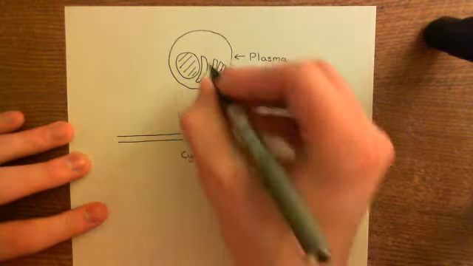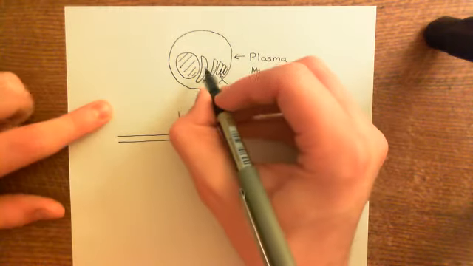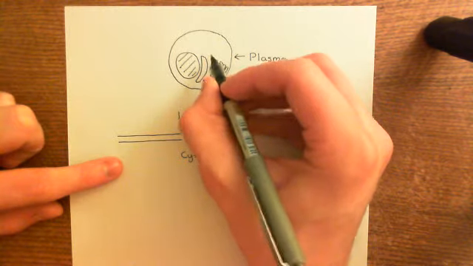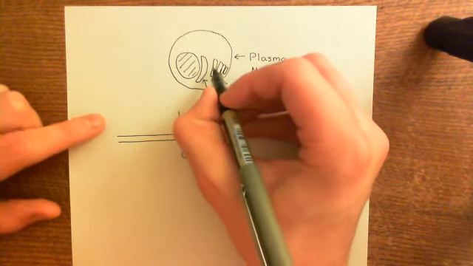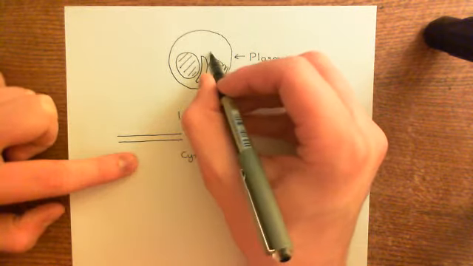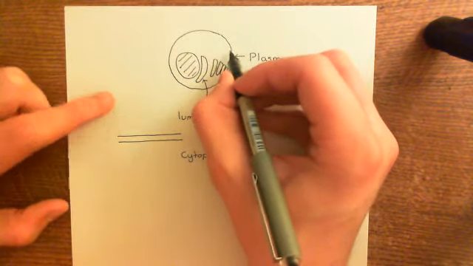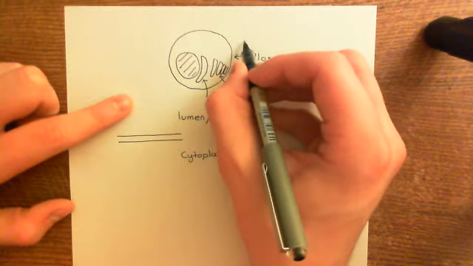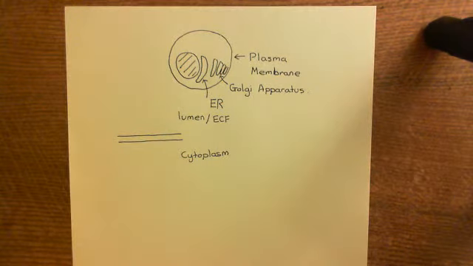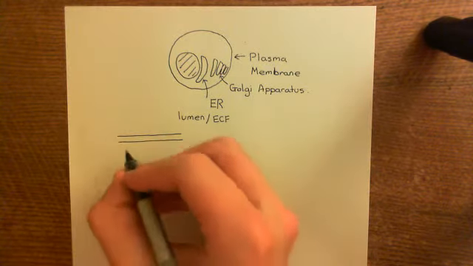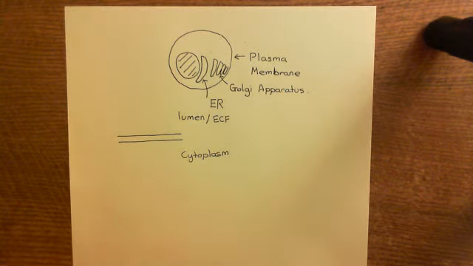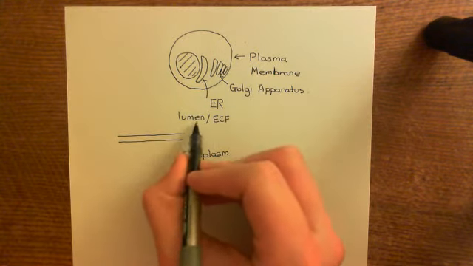So if we're talking about the ER, then this side up here is the inside of the ER, and this side is the cytoplasm. If we're talking about the Golgi, it's the same. This side here is the inside of the Golgi, this side is the cytoplasm. If we're talking about the plasma membrane, this side is the outside of the plasma membrane, and this side is the inside, so the cytoplasmic side.